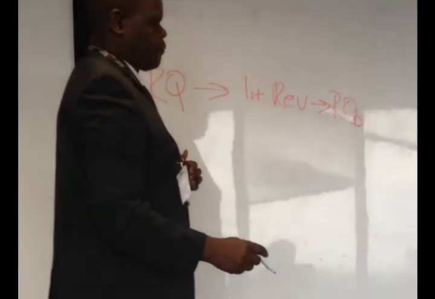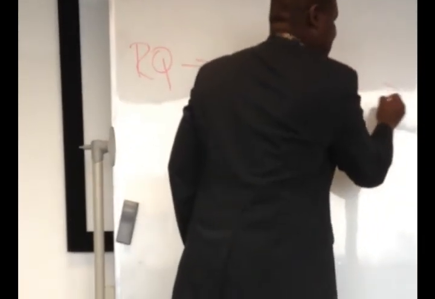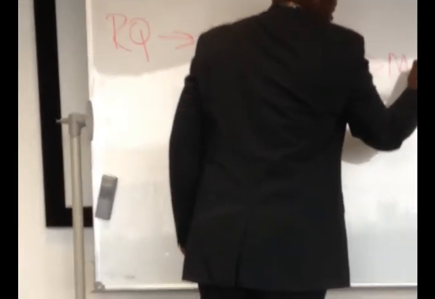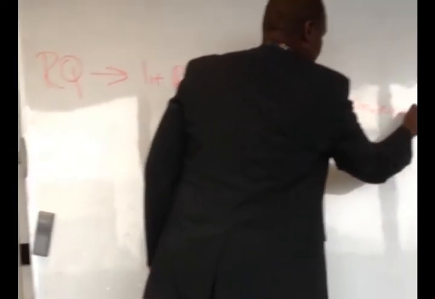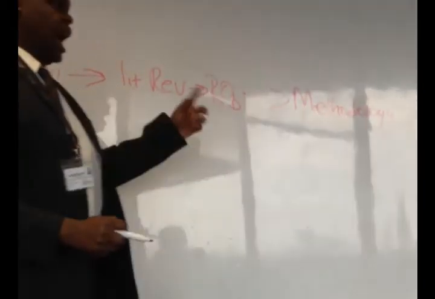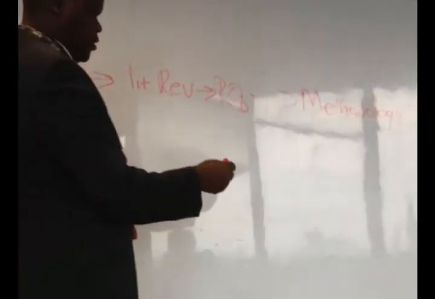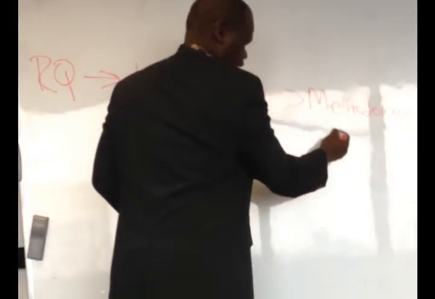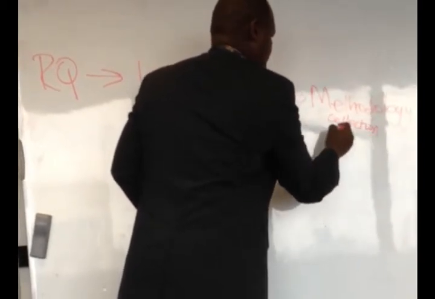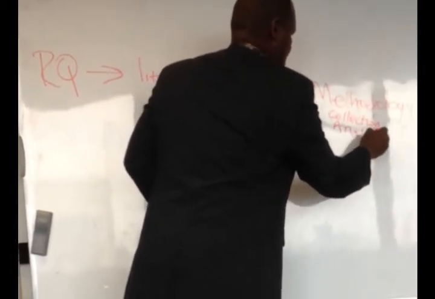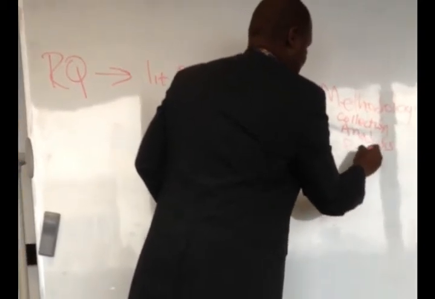Yeah? And then that leads to your methodology in terms of data collection, what type of data you collect, how you collect it, and of course the methodology has the usual elements of collection, analysis, presentation.